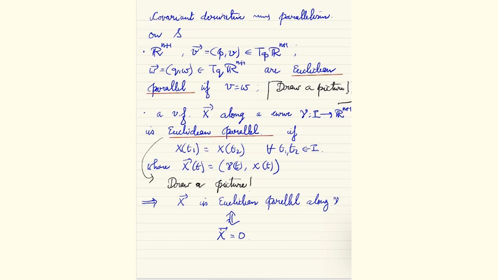Why? After all, that's what it measures, right? It's not changing. You're saying it's parallel if at every time t, x of t is the same. So there is no change, and when you differentiate, you're going to get 0.